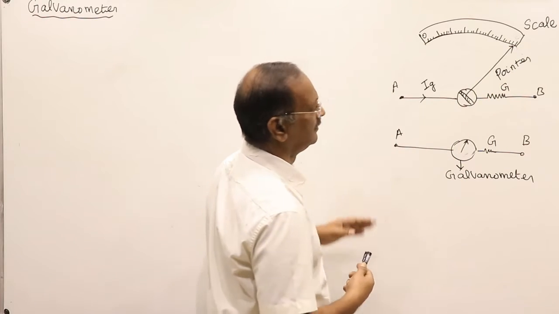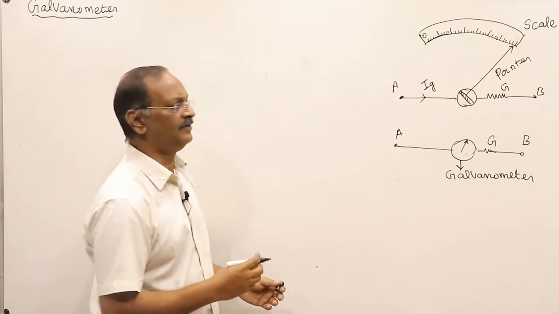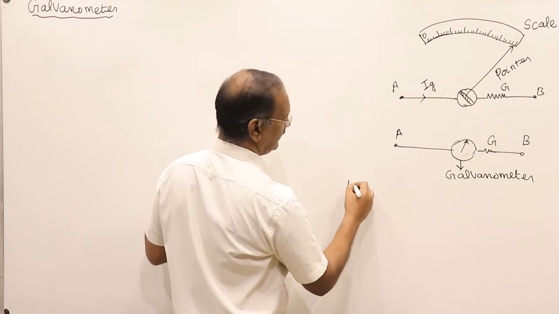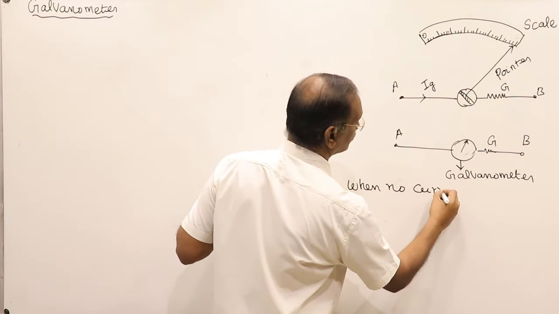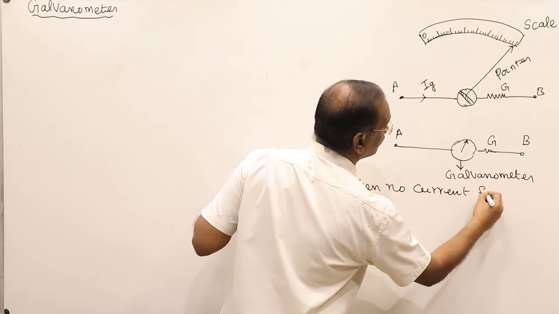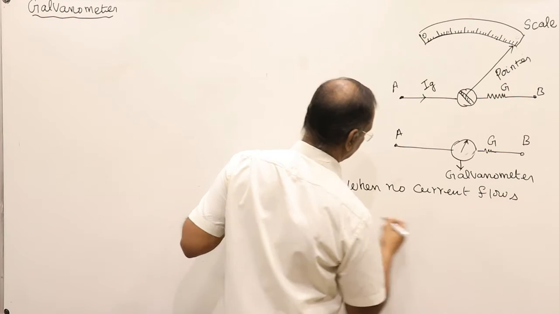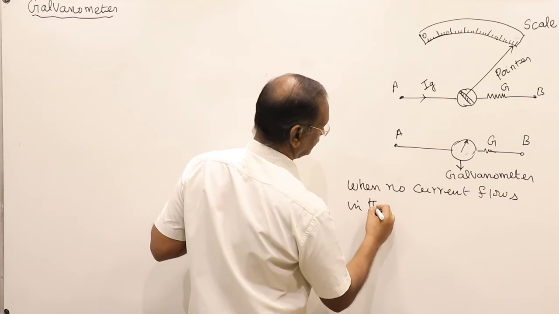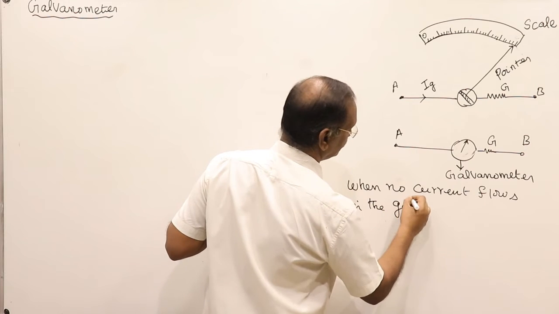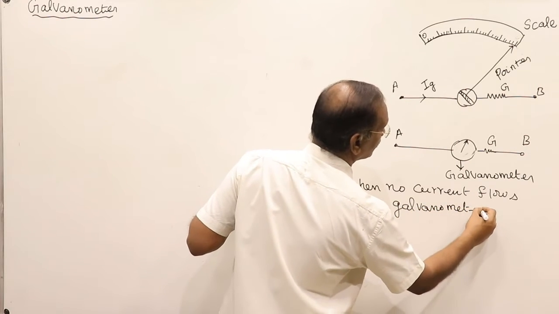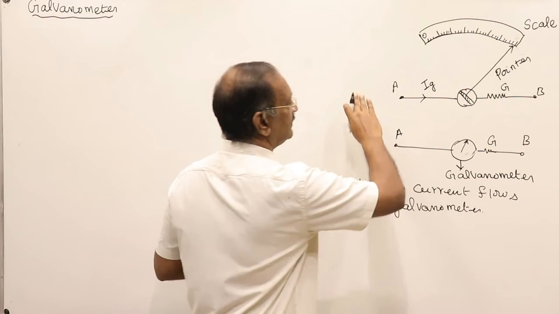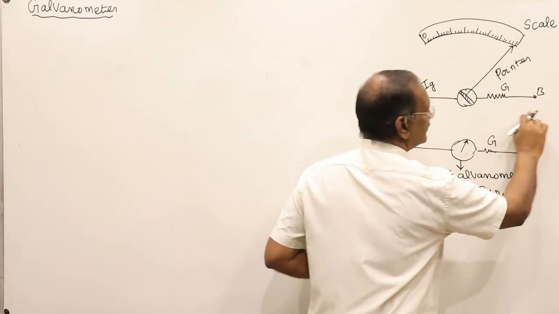When no current flows in the galvanometer, it means there is no current flowing through it.